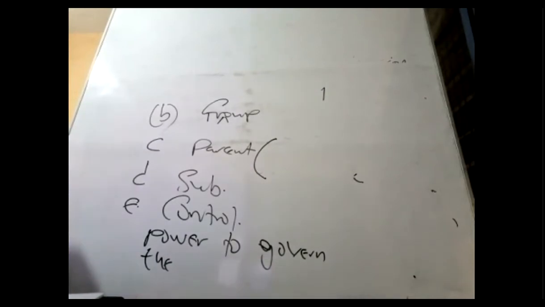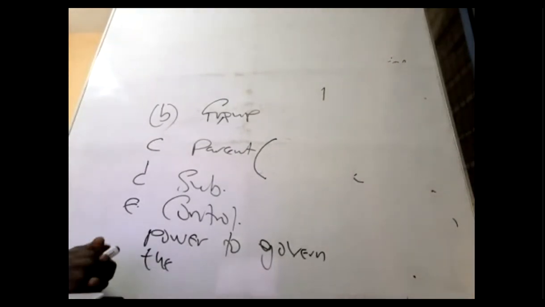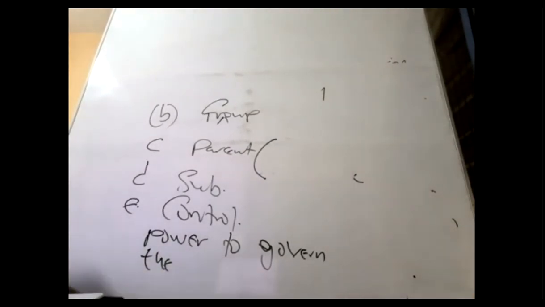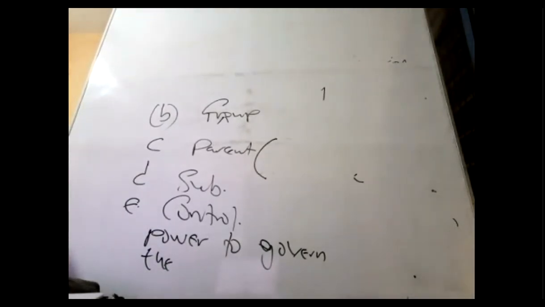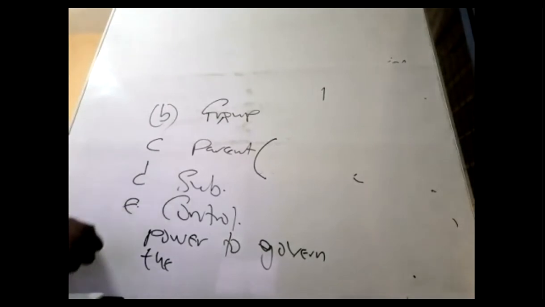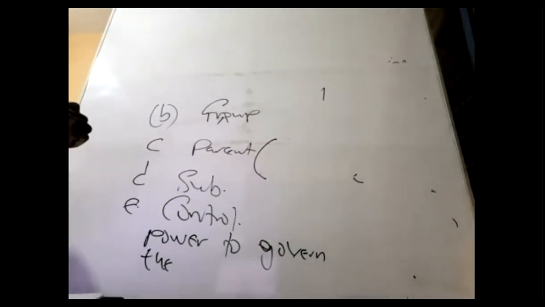In short, control means you have the power to govern the financial and operating policies, meaning you can make policies, you can remove a director, you can appoint a director, you can let them acquire certain assets for your benefit. That is the control. How do you get it?